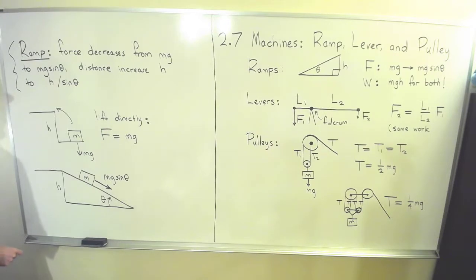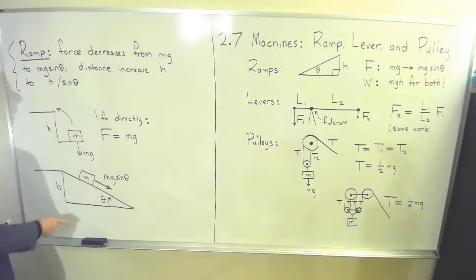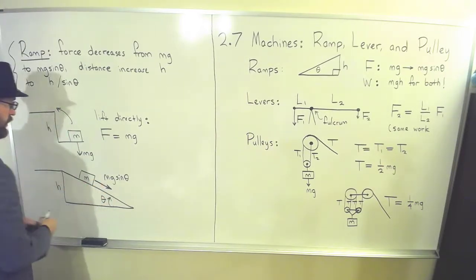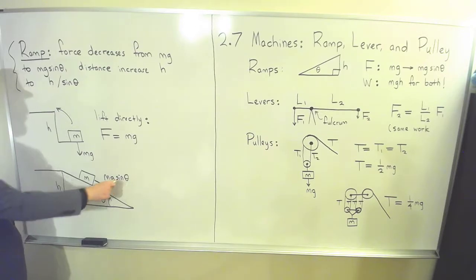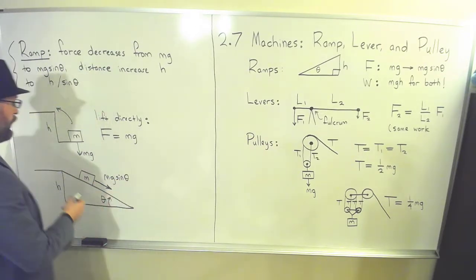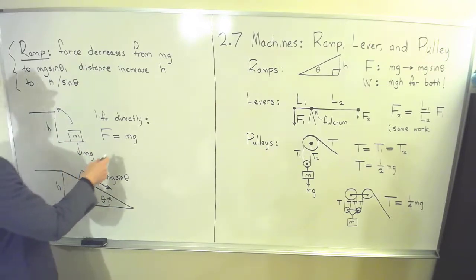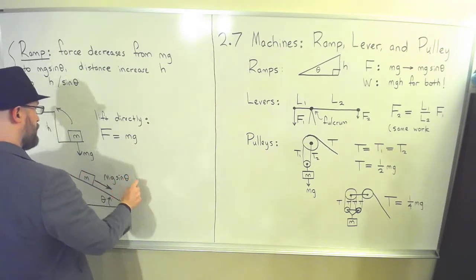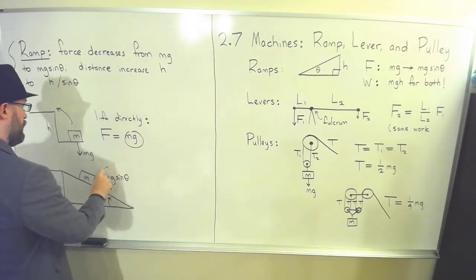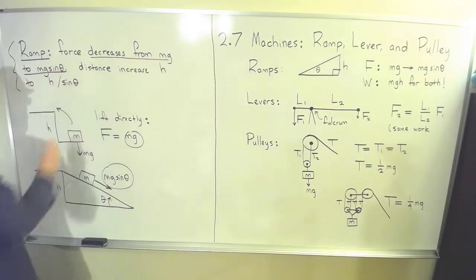So you no longer have to overcome the force mg in order to lift it. You just have to overcome the force mg sine theta, which is a smaller force because sine theta is going to be between 0 and 1. So this is the force now that you're having to overcome. So that's why the force decreases from mg to mg sine theta.